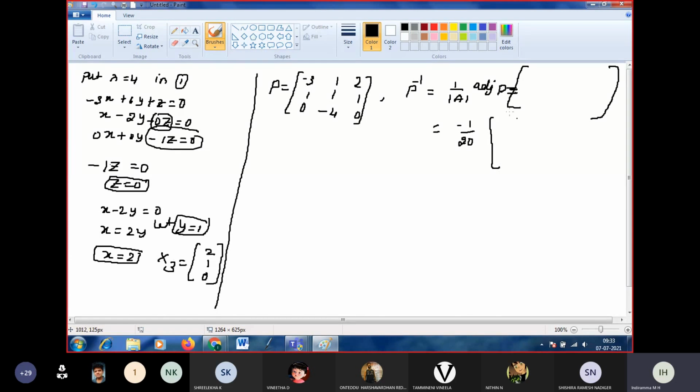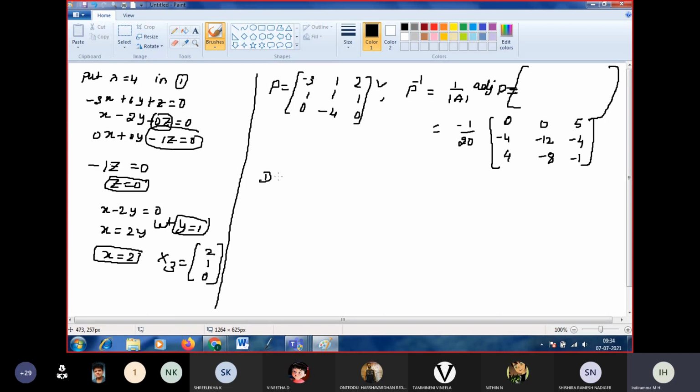If you find the adjoint of the matrix, you will get 0, 0, 5, -4, -12, -4, then 4, -8, -1. Or directly you can find the inverse using your calculator, no problem. So this is the adjoint of matrix P, and this is the P inverse what we have.